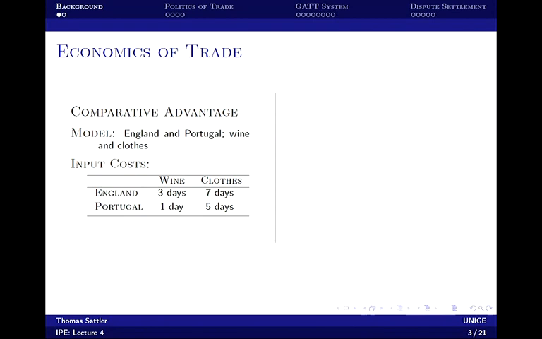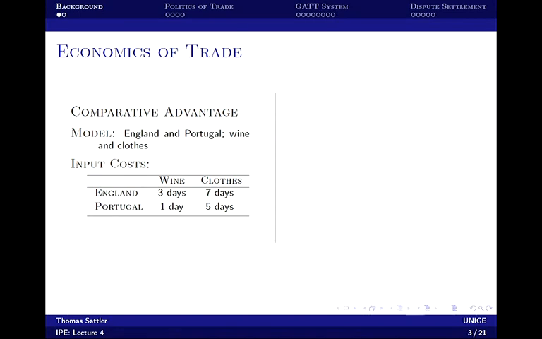Portugal has an absolute advantage in producing wine and clothes. So Portugal has an absolute advantage in both. What about the comparative advantage? Yeah. England has a comparative advantage in producing clothes. So relative to the labor cost of producing wine, clothes can be produced more cheaply.